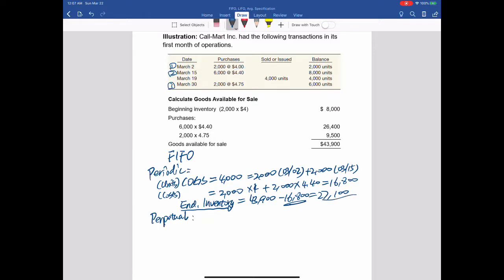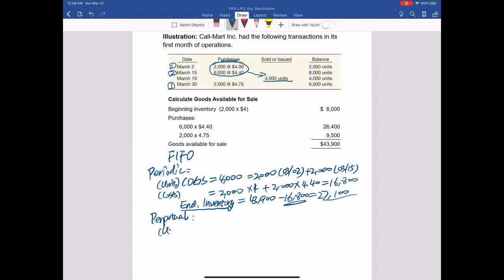So the FIFO perpetual inventory system is very similar to the moving average. Perpetual inventory system is updated when there is a transaction affects inventory. Before this sales, the firm only have these two inventory available. So we can use the inventory available to determine the cost of goods sold.